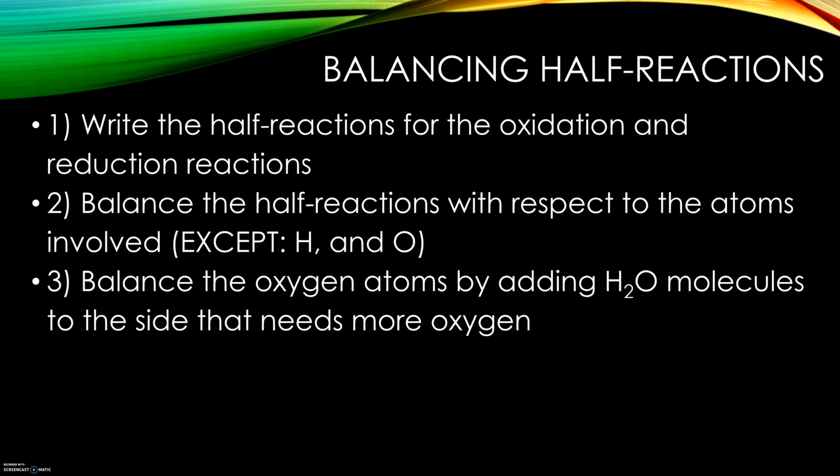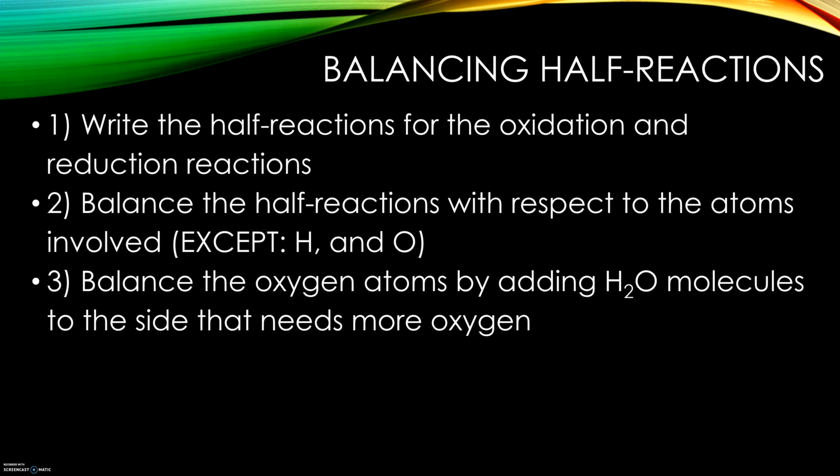Now we're going to deal with the oxygens first, and we balance them by adding water molecules, because most of these redox reactions we deal with in acidic solutions are in water, which deals with aqueous solutions. So water is our excess that we add around. So we add the exact amount of oxygen needed on either side with water.